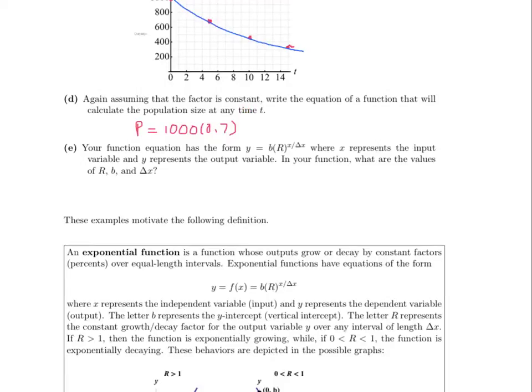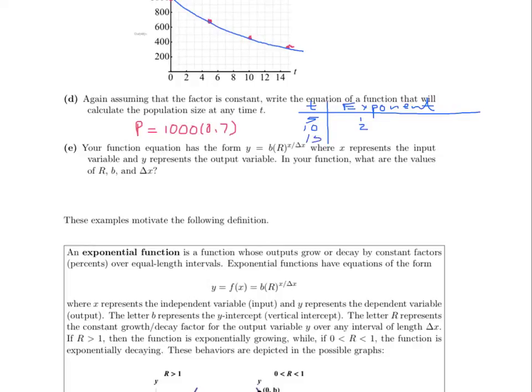Let's do what we did in the last example and make a table so you can see how the exponent and the time relate to each other. So here's time t and exponent. When we went out 5 years, our exponent was 1. When we went out 10 years, our exponent was 2.